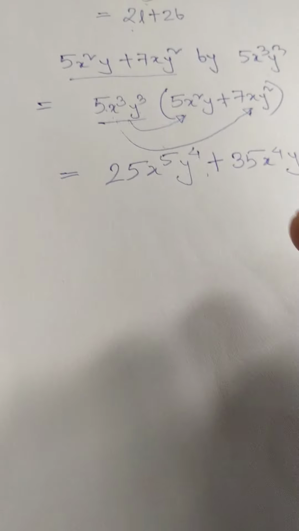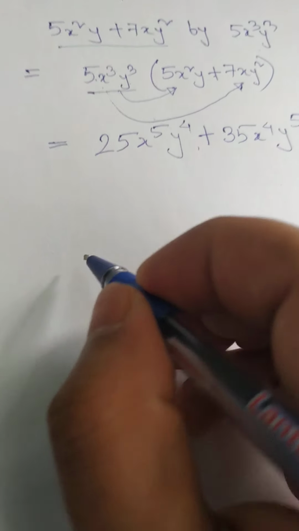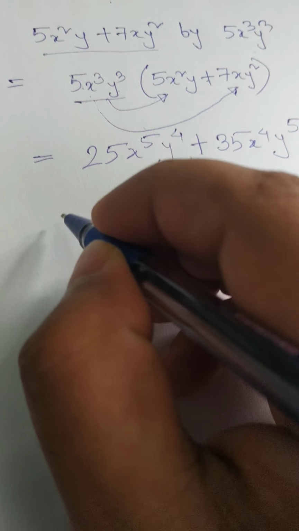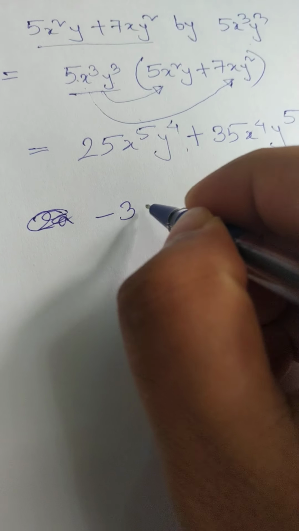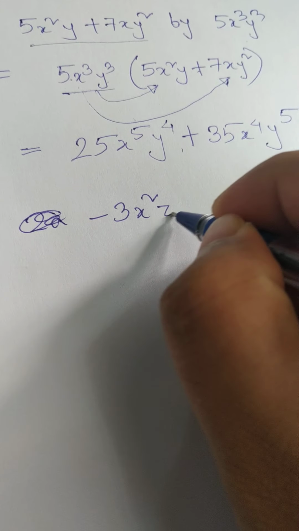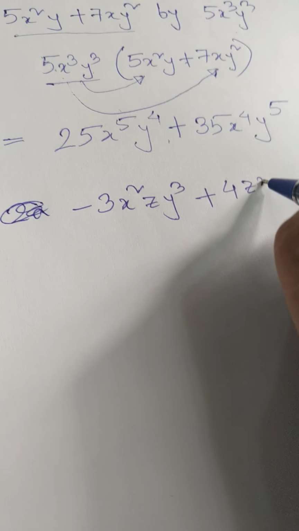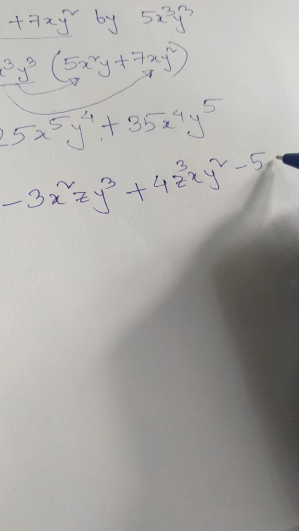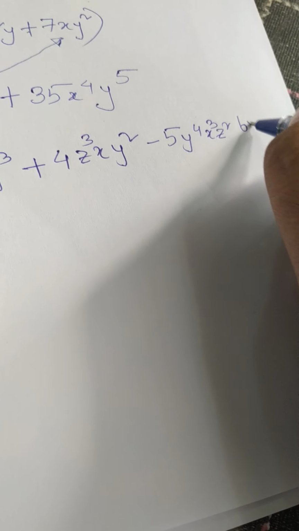Okay, let's give you another example. Let's say 2a cube, no, a bigger one: minus 3x square z y cube plus 4z cube x y square minus 5y to the power 4 x cube z square.